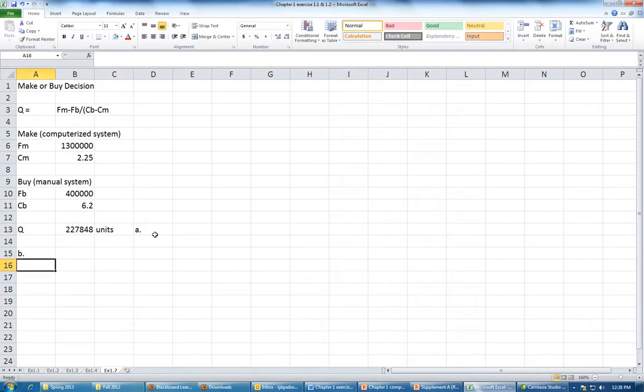Okay, so part B. We have two situations. One is the modernize, which has a volume Q of 900,000 and the sale price of $4, the variable cost of modernize is 2.25, and the fixed cost of modernize is 1.3 million.